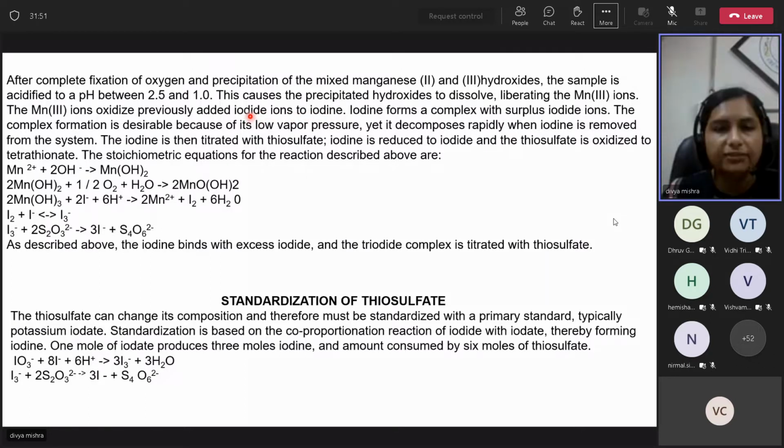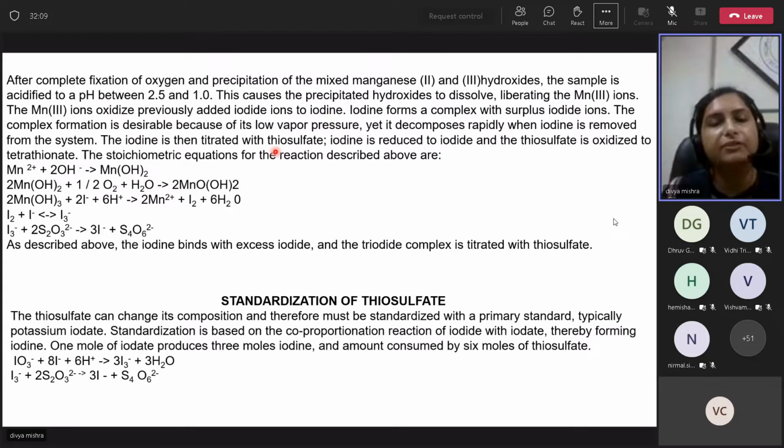So the KI which has been added previously will be oxidized to give you iodine. Then this iodine will form a complex with the surplus iodide ion which is present to give you the triiodide complex.